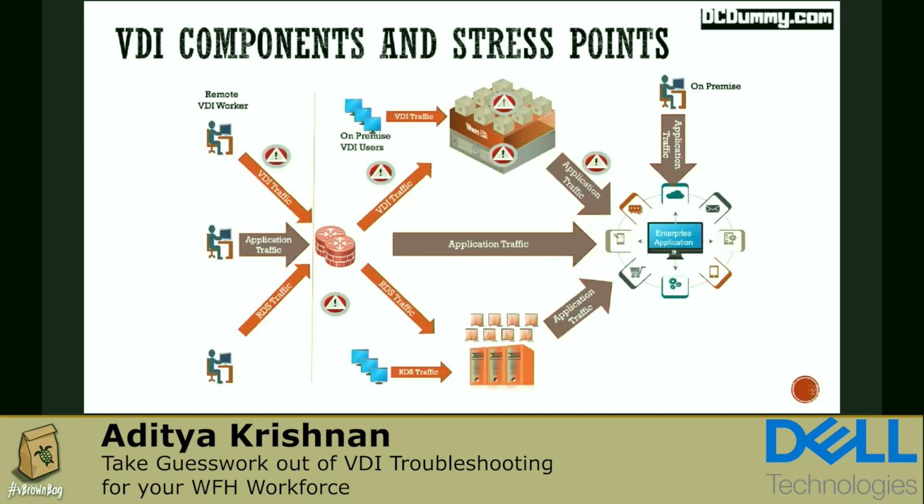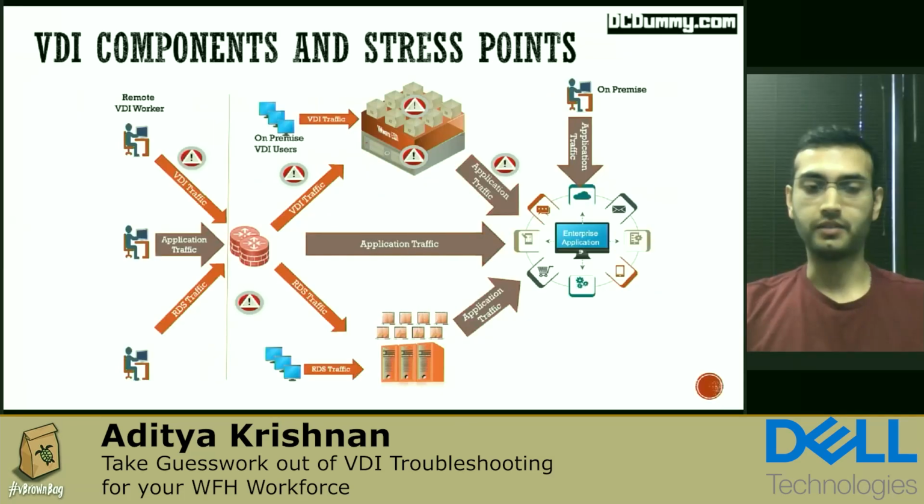And finally, you want to take a look at, for a remote worker, the most important aspect is the connection. There could be an issue with regards to the internet being slow or the home network being slow. So you would want to take a look at the network connection between the VDI remote user to the VDI desktop itself.